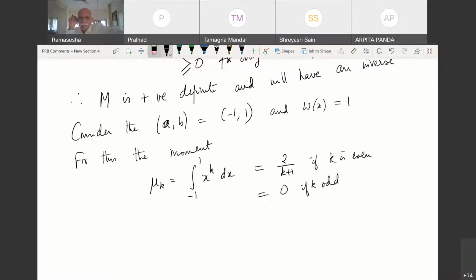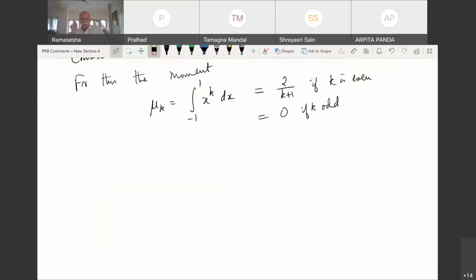Right? So now let me write down the moments matrix for this one. The moment matrix.